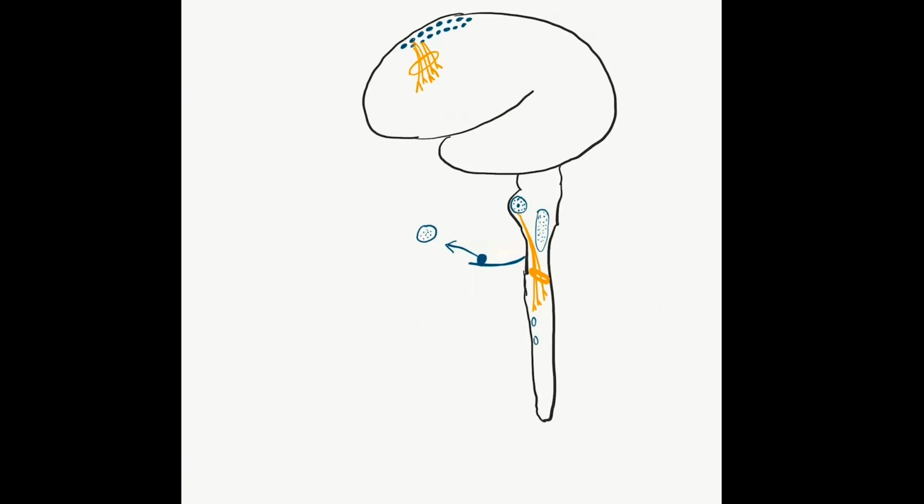Now, if this aggregation occurs outside the CNS within the peripheral nervous system, we refer to it as peripheral nerves. Knowledge of these terminologies is very essential to understand further concepts of neuroanatomy.